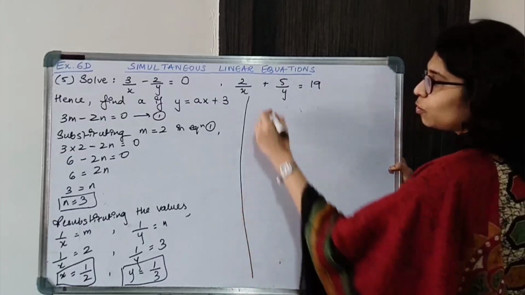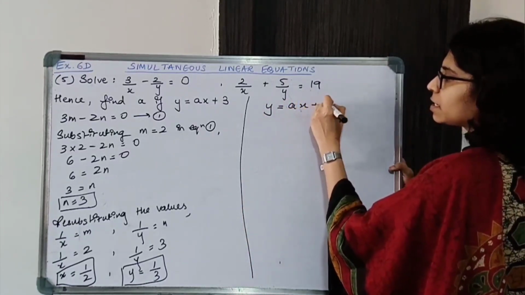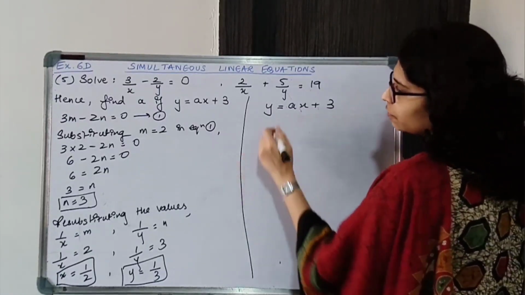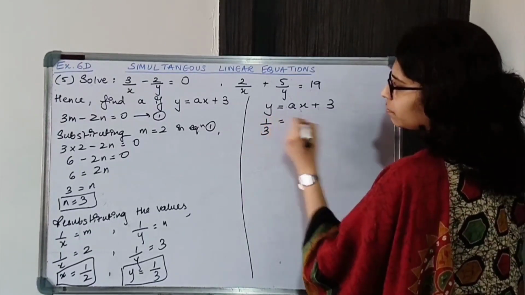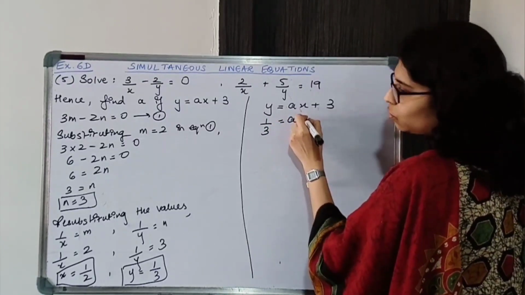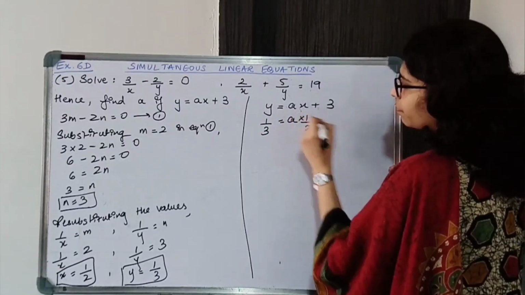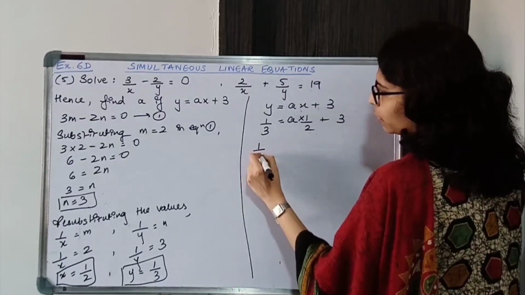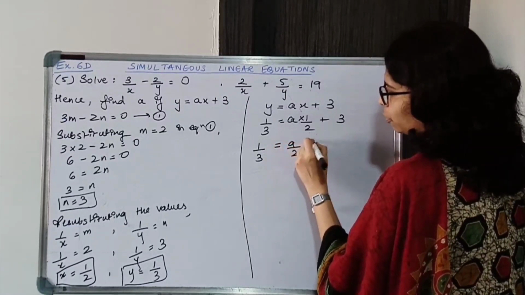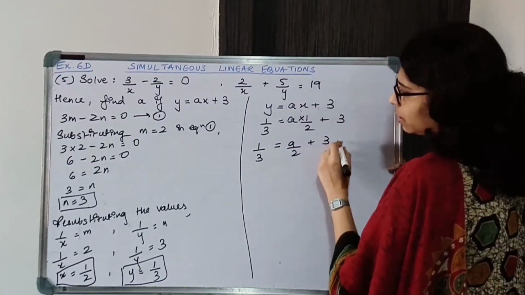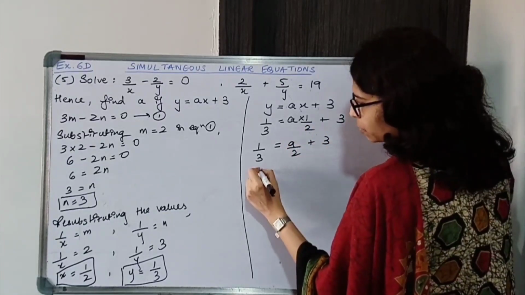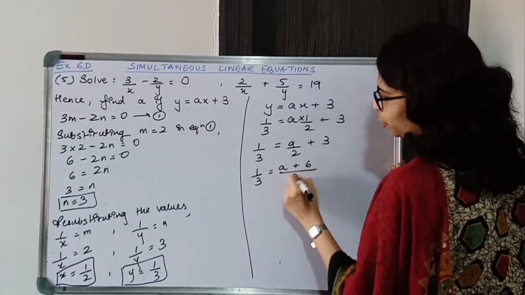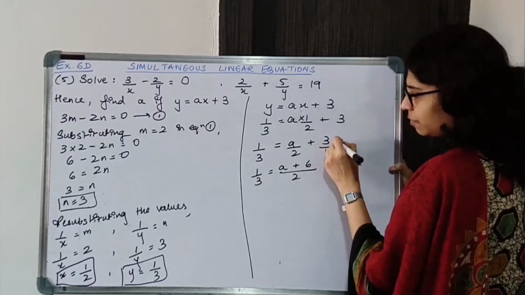So we know y is equal to ax plus 3. Substituting the values of x and y over here, y is 1 upon 3, a into x is 1 upon 2, plus 3. So 1 upon 3 is equal to a upon 2 plus 3. Here we'll take LCM and solve this first. So 1 upon 3 is equal to a plus 6 upon 2. That is we multiplied by 2.